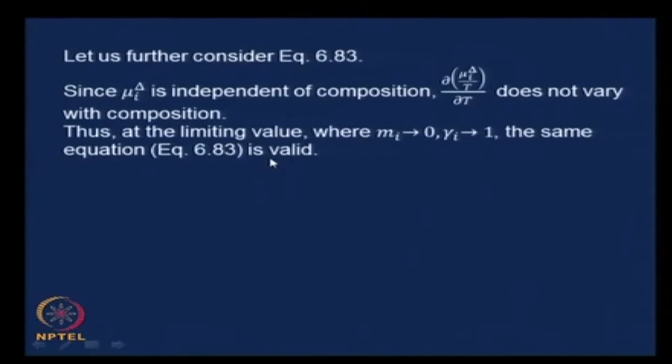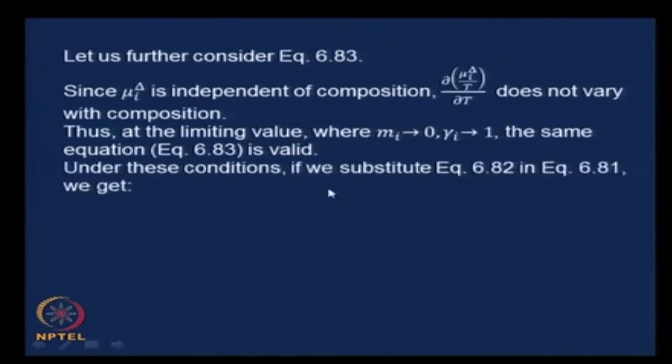So it does not depend on composition, therefore this equation must be valid even under these limiting conditions of infinite dilution, and therefore under these conditions if we substitute 682 and 681 we get ∂ln γ_i/∂T equals (H_i^∞# − H_i^#) divided by RT².